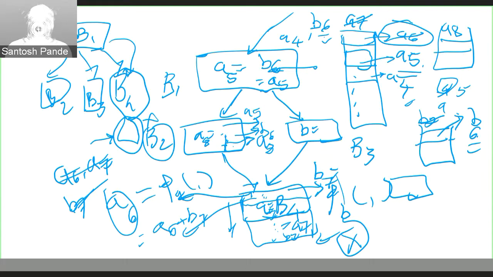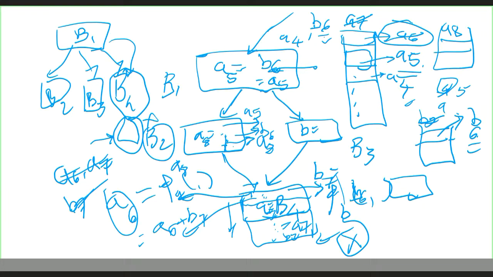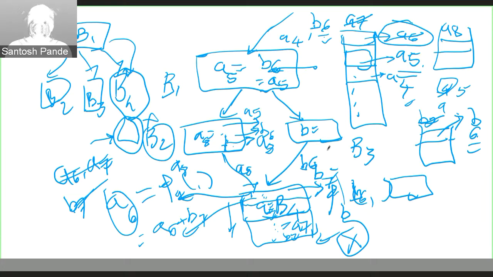Phi of A will get populated using the prevalent name, which will be A8. A8 will be a part of this. And phi of B will get populated using the current prevalent name, which will be B6. So these two will get populated, A8 on the left and, just to be more clear, B6 over there.